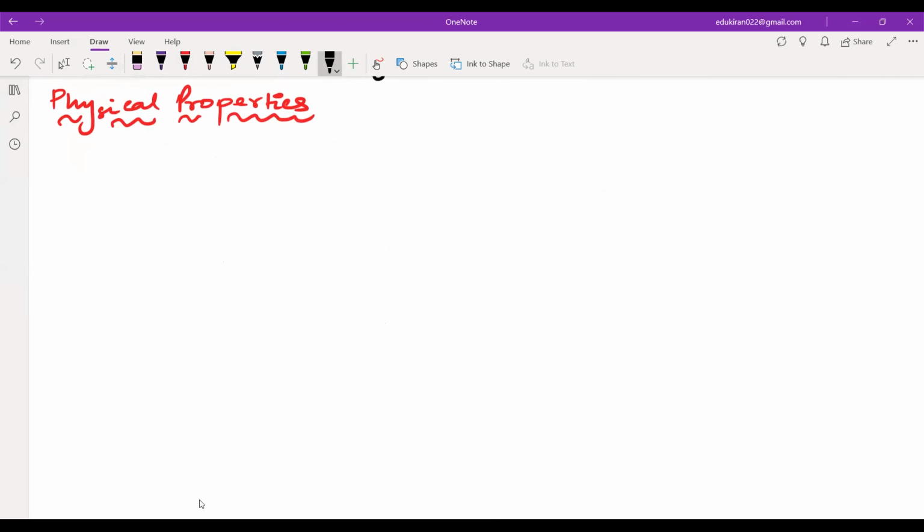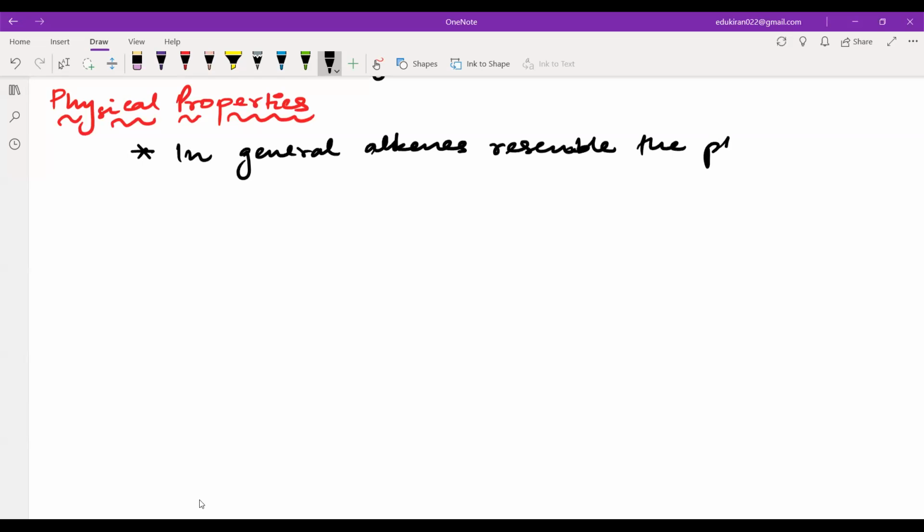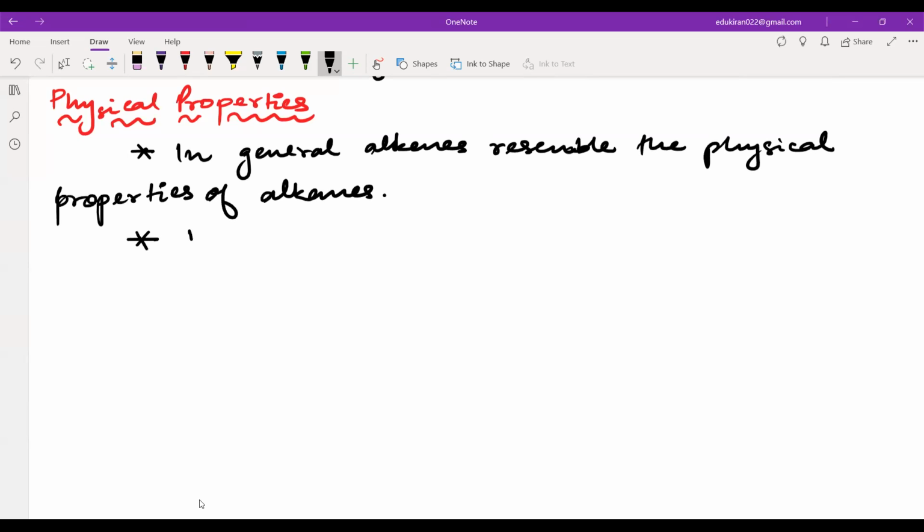Now, physical properties in general, alkenes resemble the physical properties of alkenes. Next point you can write.